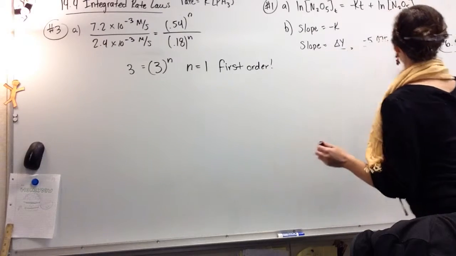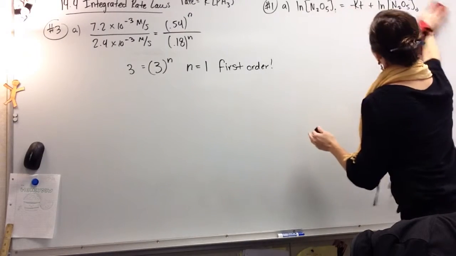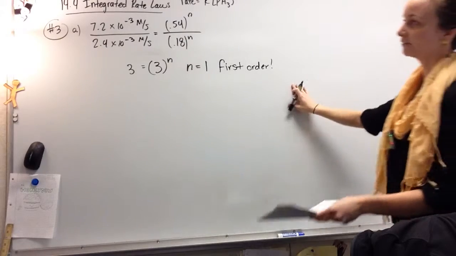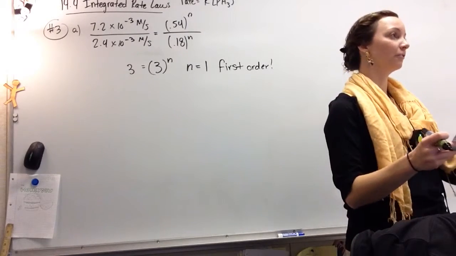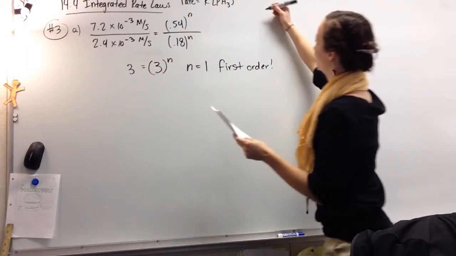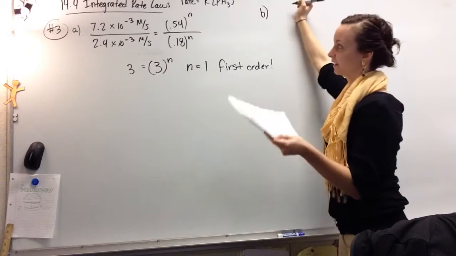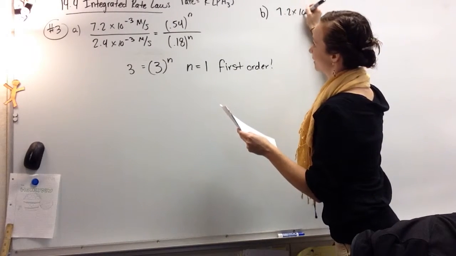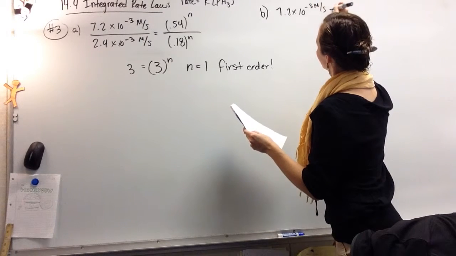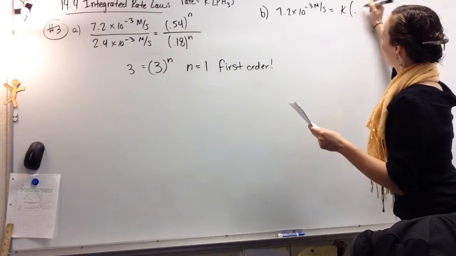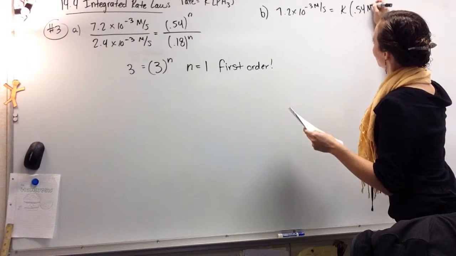And as far as B goes, it's asking us to find the K. So we know how to find K. We're just going to plug in information from the trials into our rate law. So for B, what trial did I use? I think I used trial 2. So my rate was 7.2 times 10 to the negative 3rd molar per second, equal to K times the concentration at that trial, which was 54 molar.